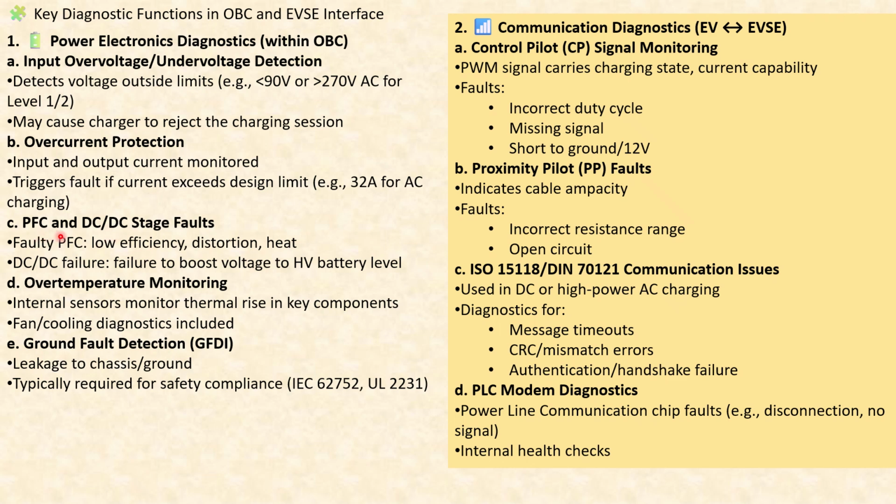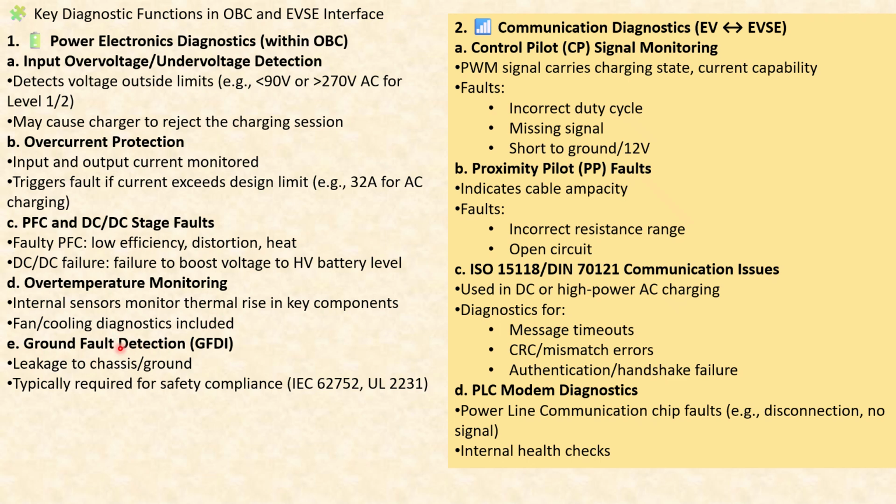Now, when it comes to PFC and DC-DC stage faults: faulty PFC causes low efficiency, distortion, and heat; DC-DC failure means failure to boost voltage to the high voltage battery level. And the next important function is over temperature monitoring. Now, what is this over temperature monitoring? These internal sensors monitor thermal rise in key components.